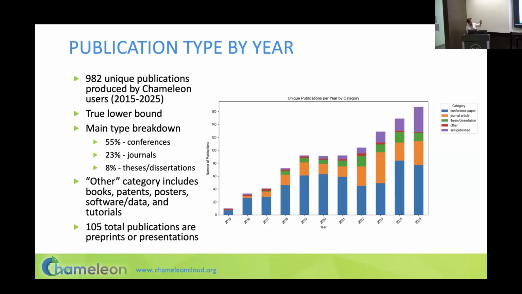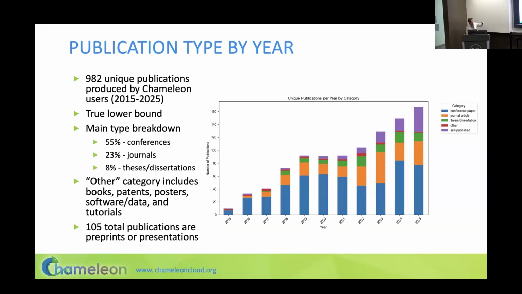So you've got historical data on how many publications were published using Chameleon. On the bottom of the bar, you've got journal publications, conference publications, theses and dissertations, and then the purple on top are preprints. In other words, working papers that were not yet published.